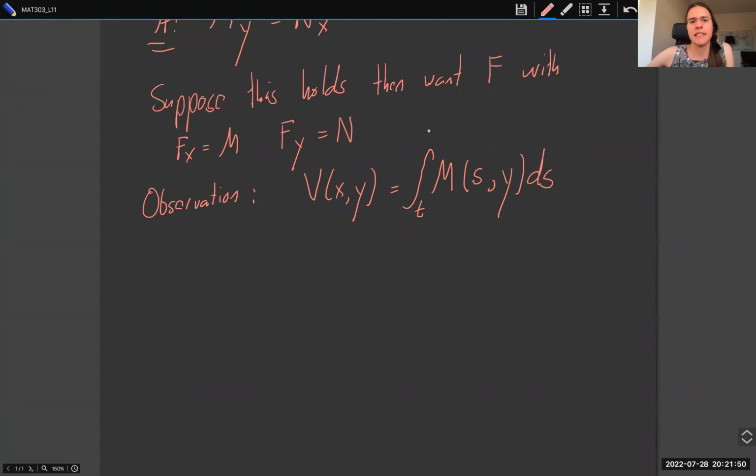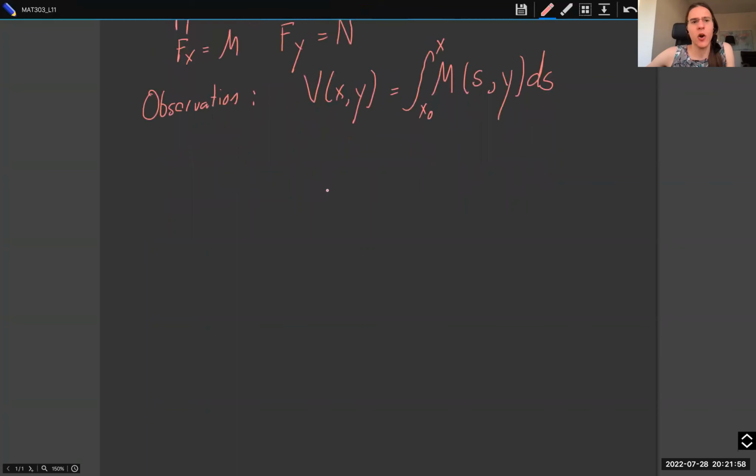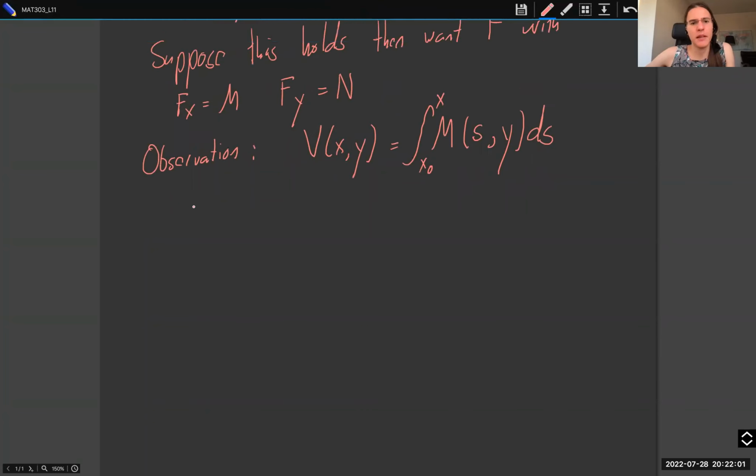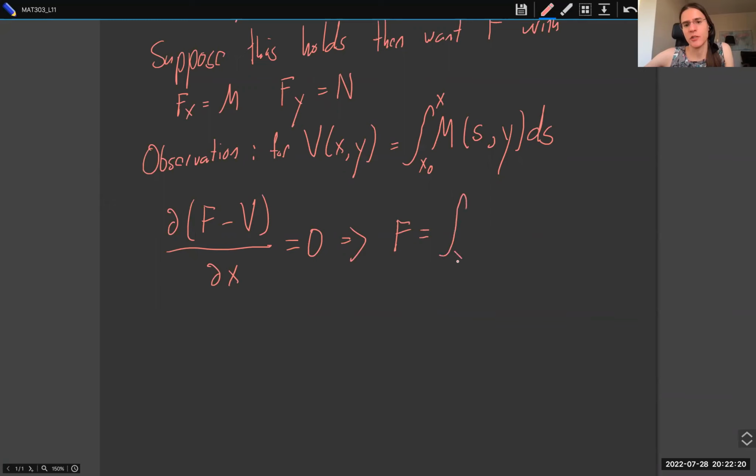So where's the x dependence? x is the upper bound, for some fixed x naught. Observation: for f minus v, if we take the partial derivative with respect to x, then that's equal to 0, which implies that f is equal to this integral plus some function entirely of y.